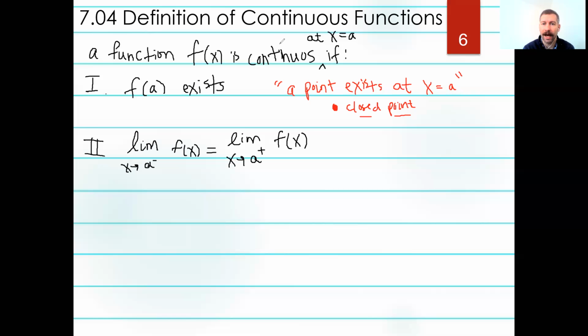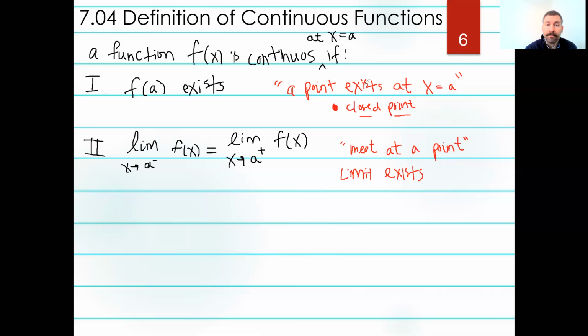Remember with limits, it doesn't matter what kind of circle it is, it just matters where they go. If the left and right are equal, they're going to meet at a y value, at a point, so to speak. The limit exists is another way to say this, right? Because if the limit exists, then from the left and from the right, it must be the same.